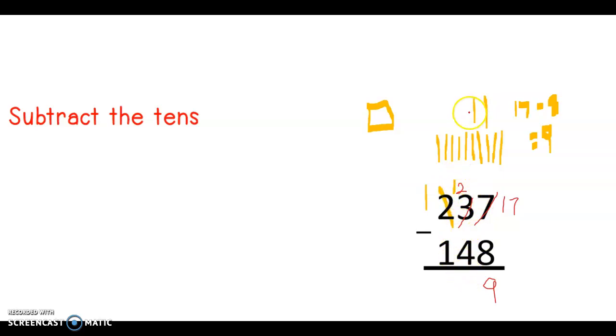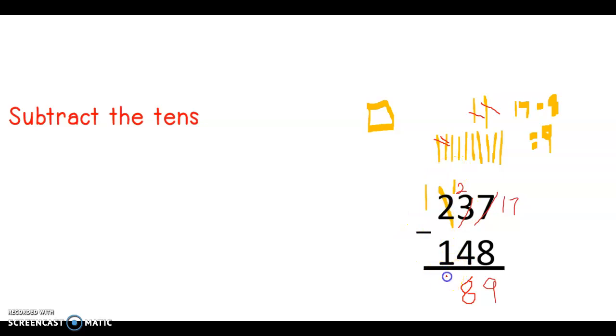I'm going to take 4 away from them. 1, 2, 3, and then 4. And 12 minus 4 is going to give me 8 tens. And then I'm going to come over and look at my hundreds place. Well, I have a 100 left, and I am subtracting 100. 100 minus 100 is 0.